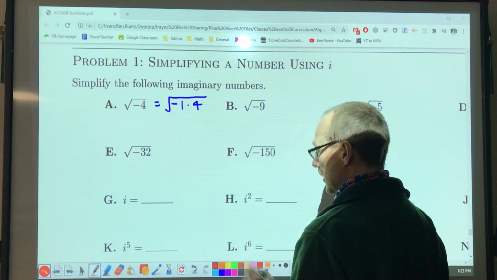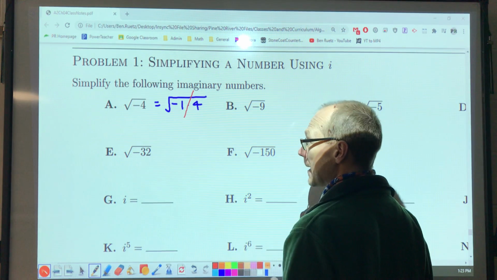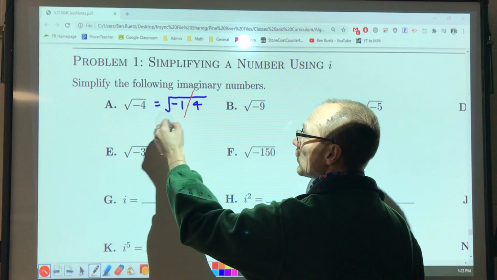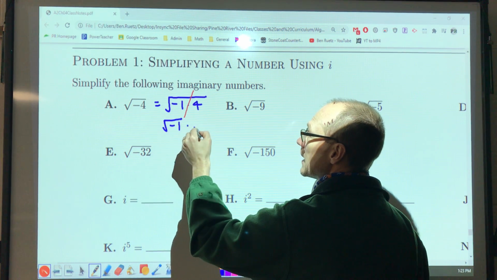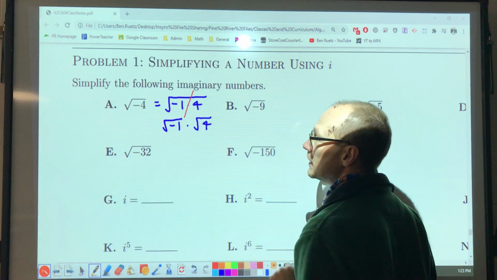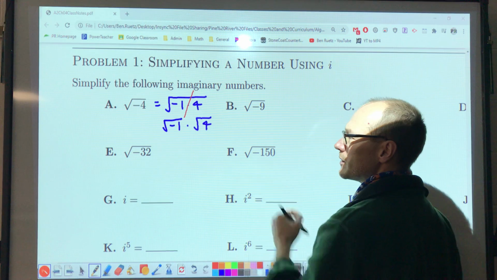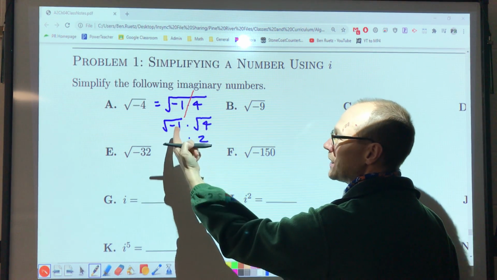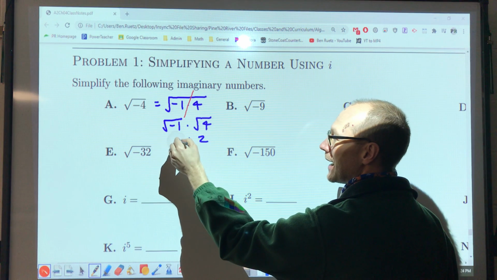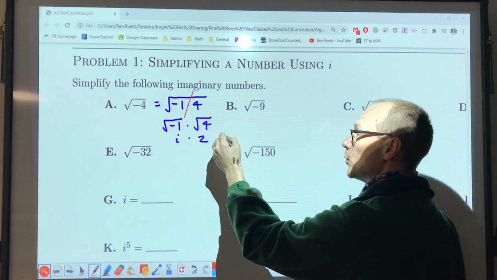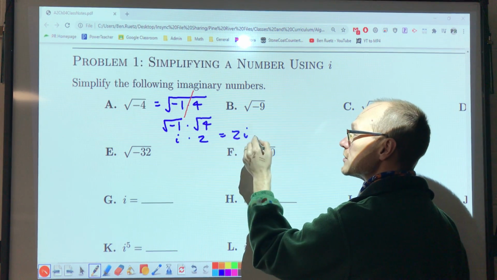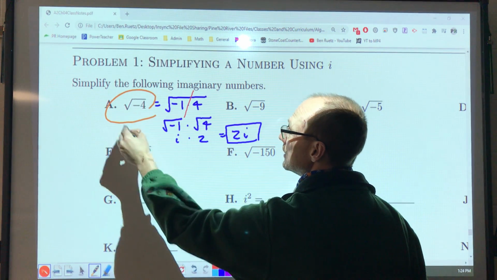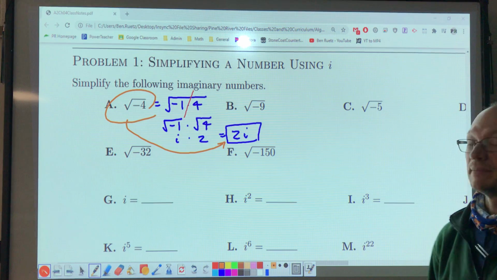If we separate this into two separate parts, we have the square root of -1 times the square root of 4. Do we already know what the square root of 4 is? Yeah, the square root of 4 is 2. Didn't we define the square root of -1 as i? Yes, we did, which means this just becomes 2i.